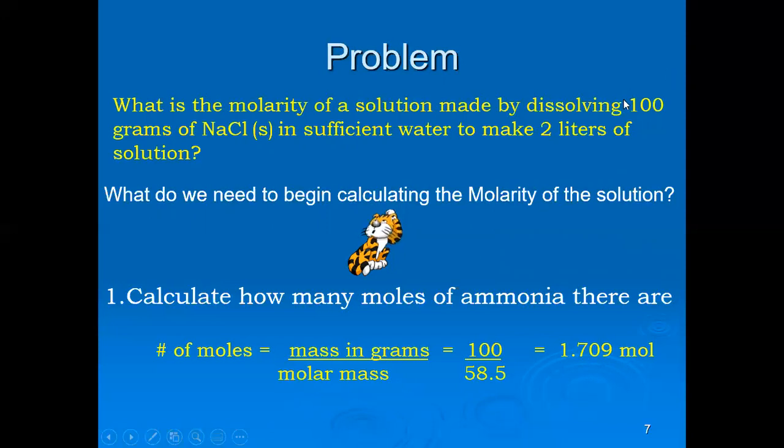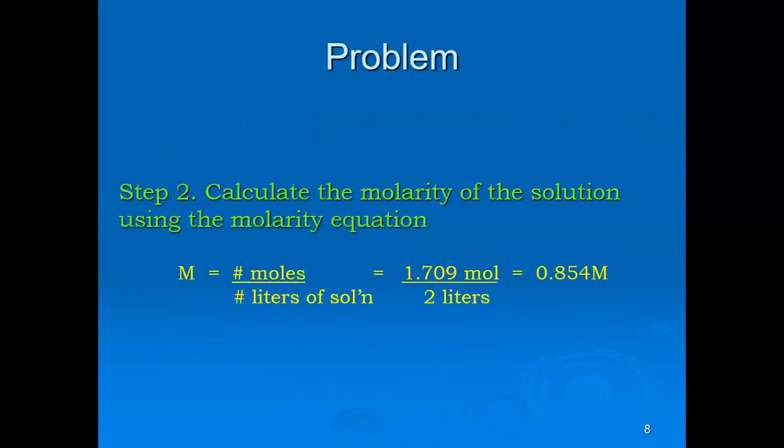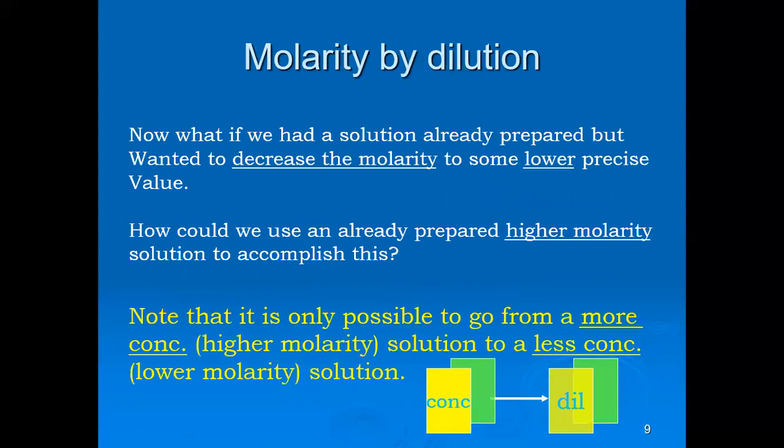Mass is given, 100 gram, and the molar mass of NaCl from the periodic table is 58.5. By dividing these, we get 1.709 mole. In the second step, put the number of moles in the molarity formula: 1.709 divided by 2, since 2 liters is given in our problem. So the result is 0.854 molar, or moles per dm cube.